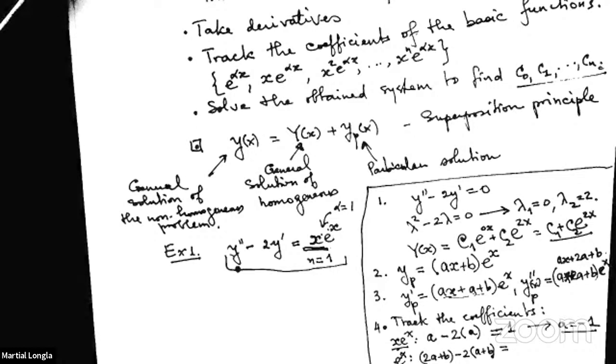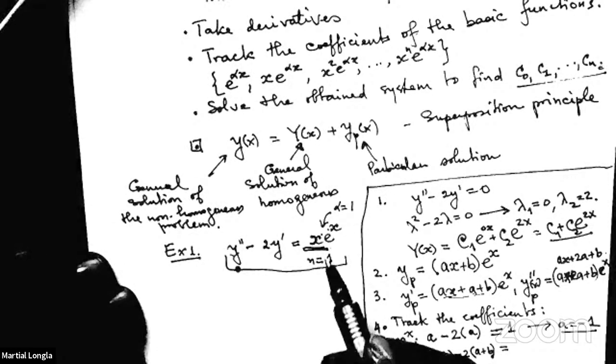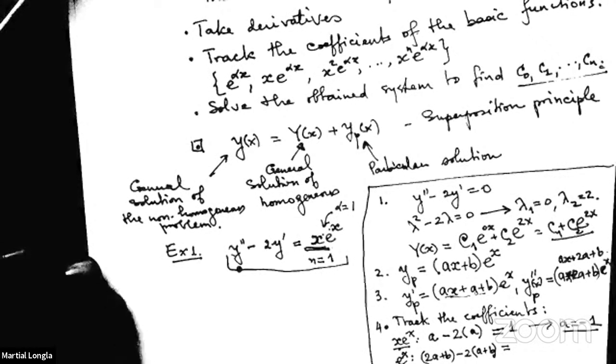The right-hand side of this equation says what? Is there any e to the x by itself there? Can anyone tell me what's the coefficient of e to the x on the right? Is it just 1?